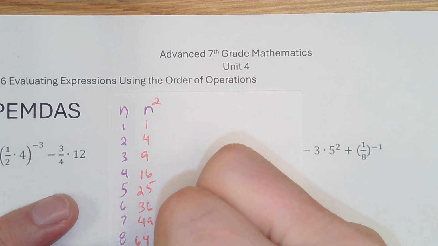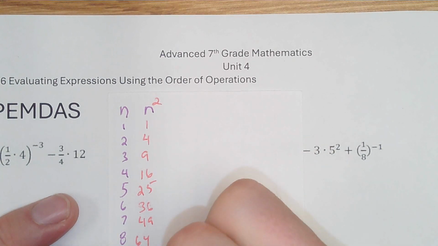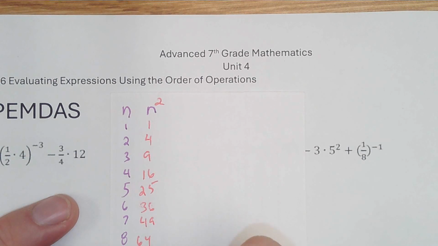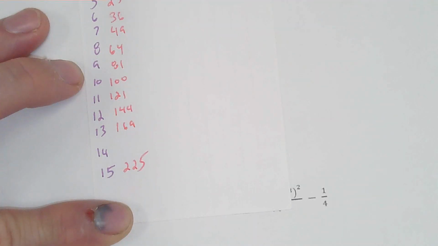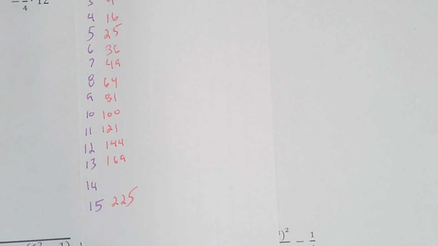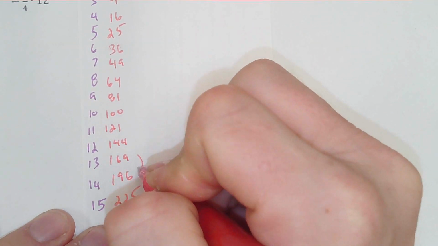49, 64, 81, 100, 121, 144, 169, 196, 225. 14 squared is 196, and 13 squared is 169, so 169 and 196 are easy to remember.